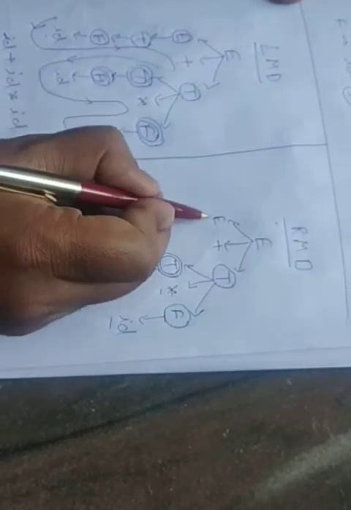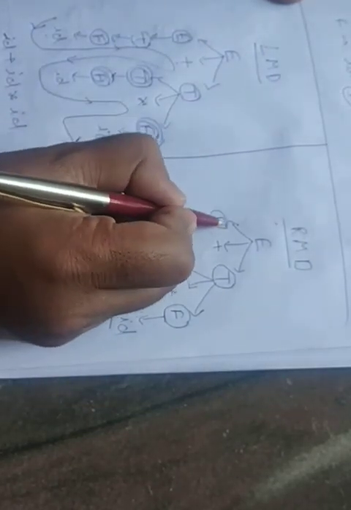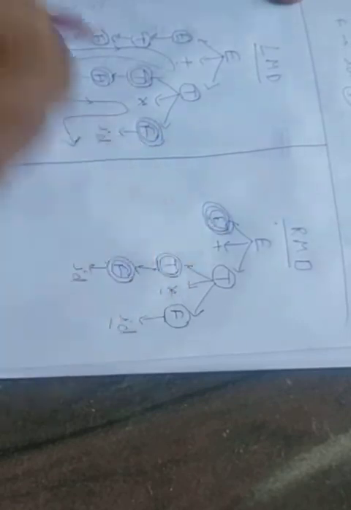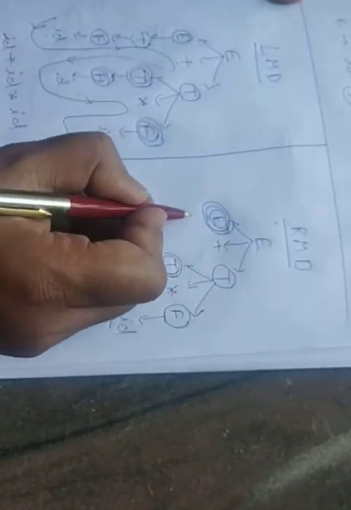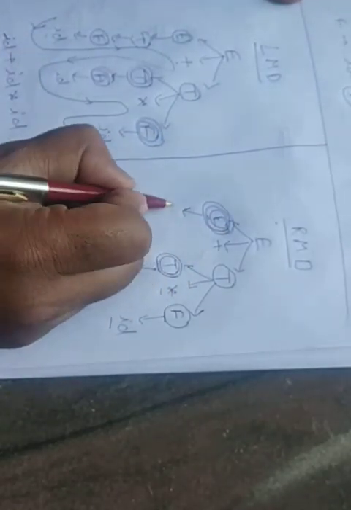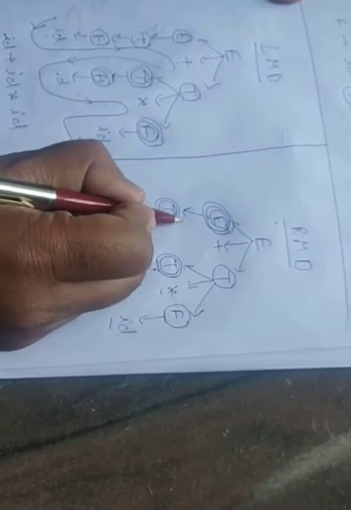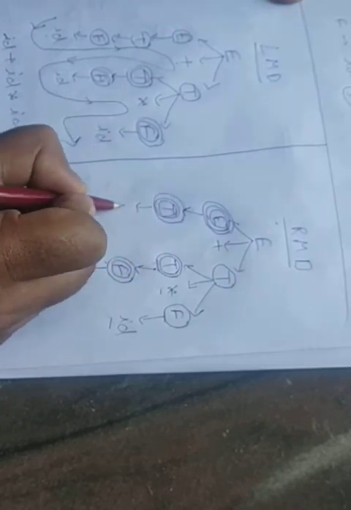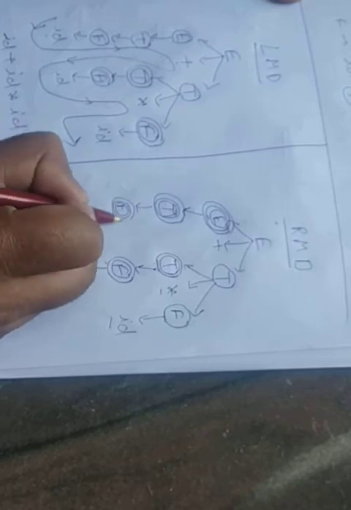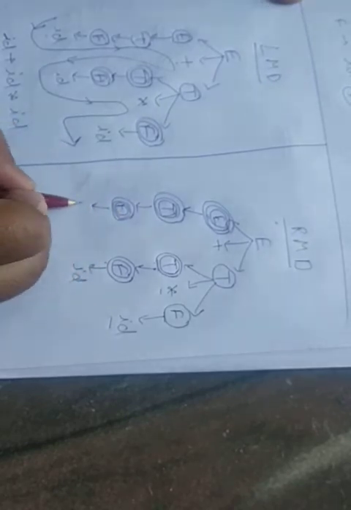And finally, since only one is left, I use E is producing T, T is producing F, and F is producing ID.